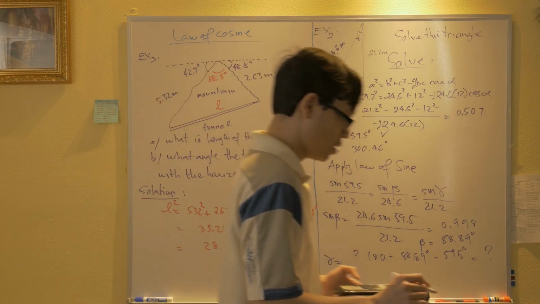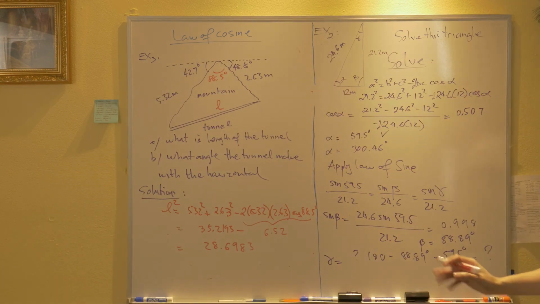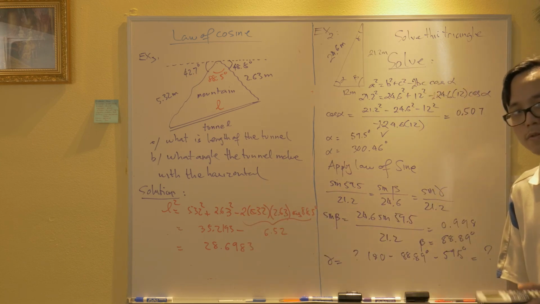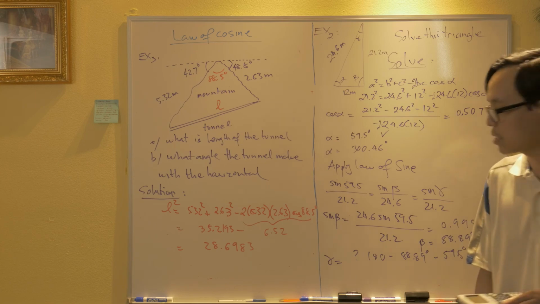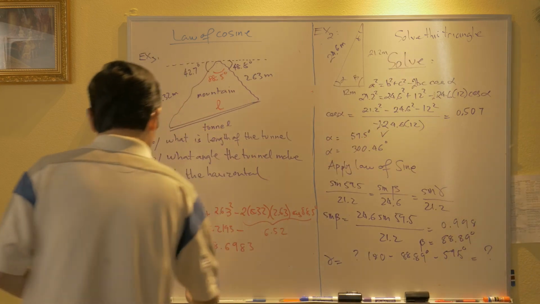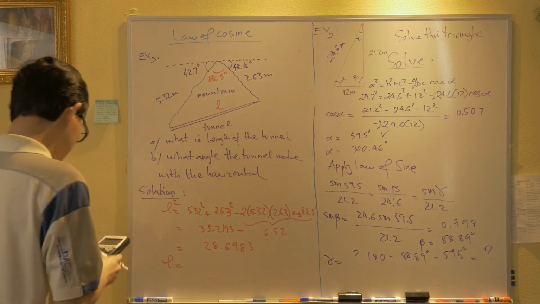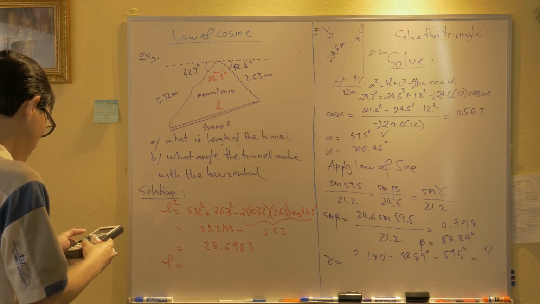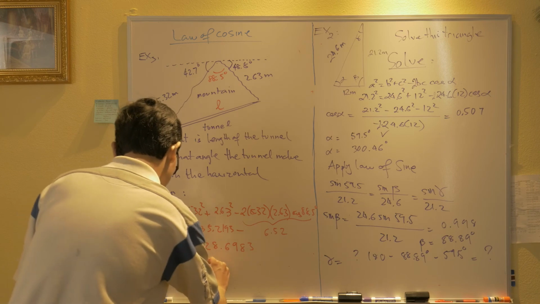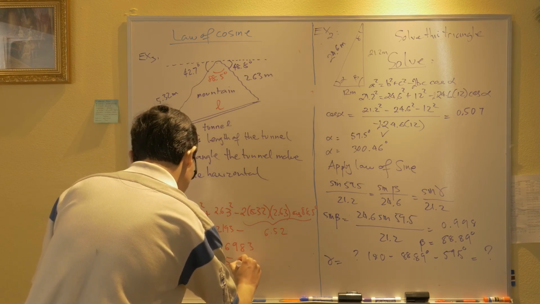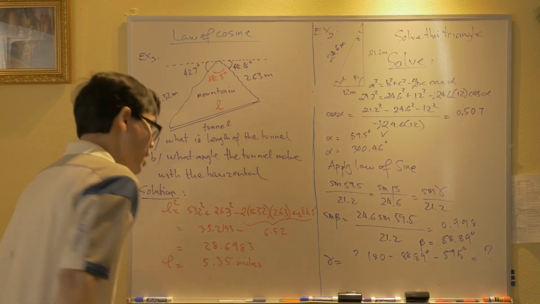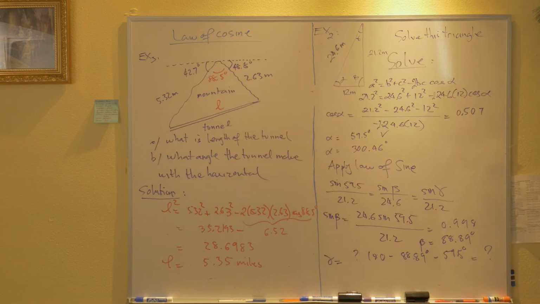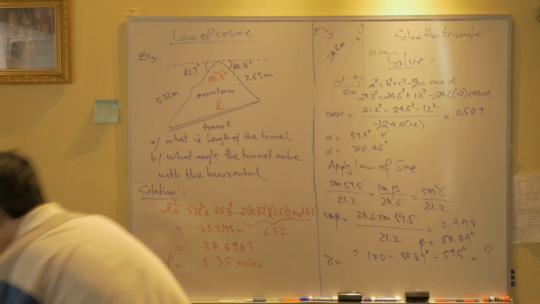You have to be careful because you don't want to put everything into the calculator, because it's easy to make mistakes, so I do it part by part. Then I can take the square root, so I have 5.35 miles. So that's the length of the tunnel. Hopefully everybody got the same.